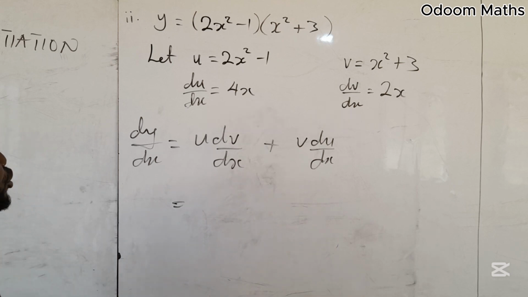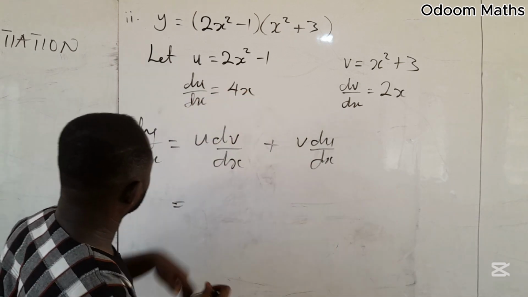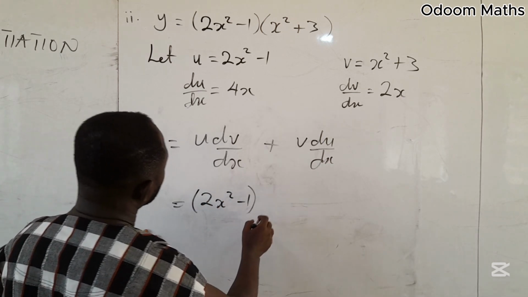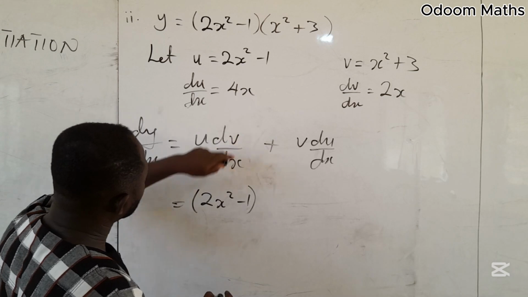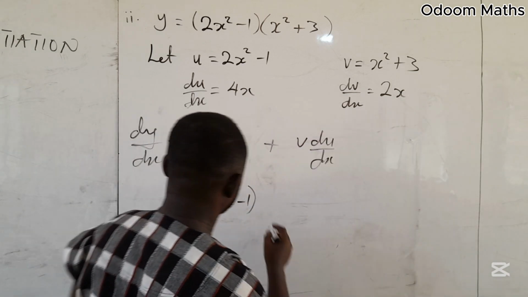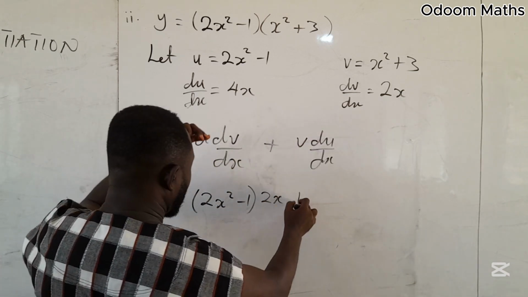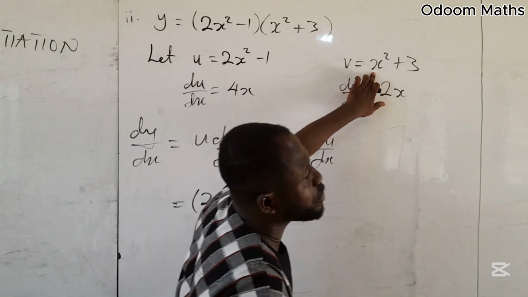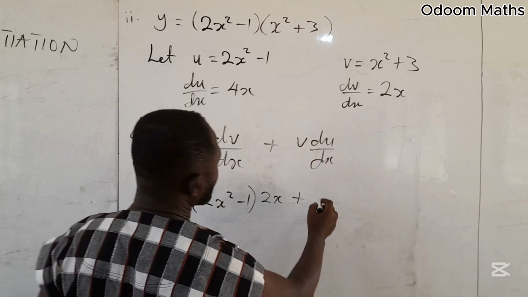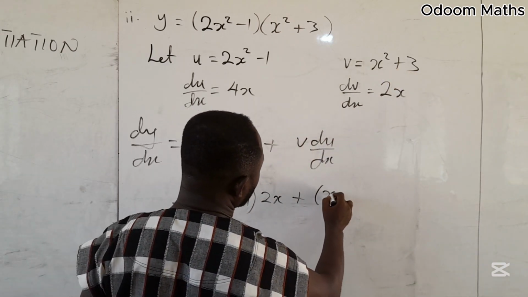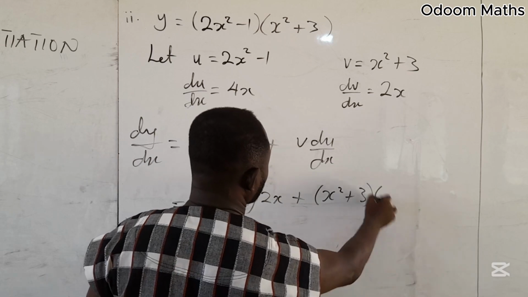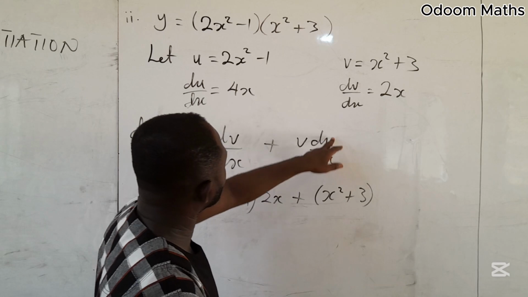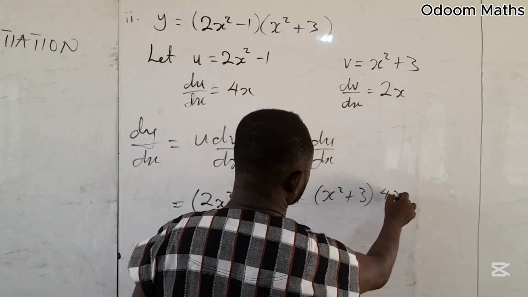So my u is this one, in brackets 2x squared minus 1. Then dv dx is 2x, so times 2x, plus, now v here is x squared plus 3, in brackets x squared plus 3, then multiplied by my du dx, which is 4x.